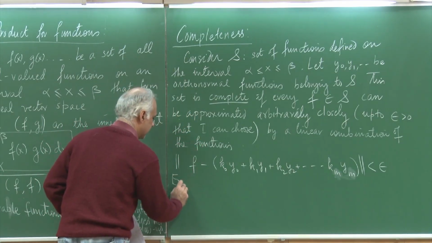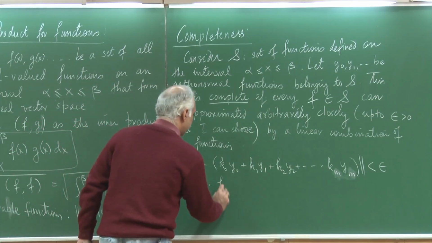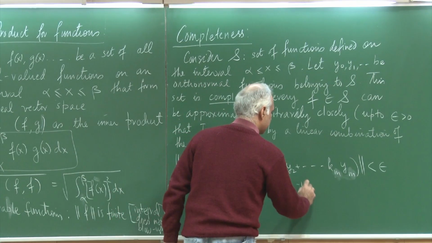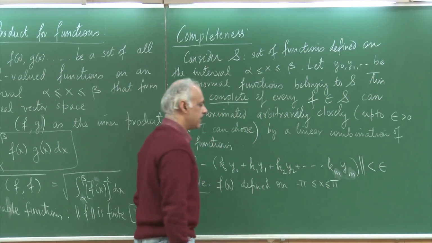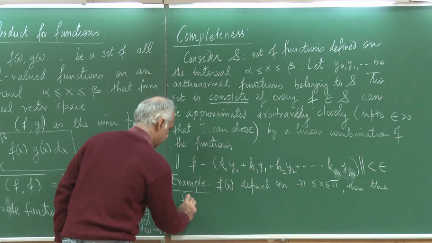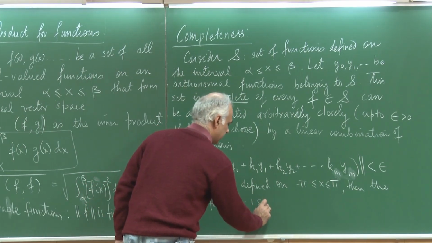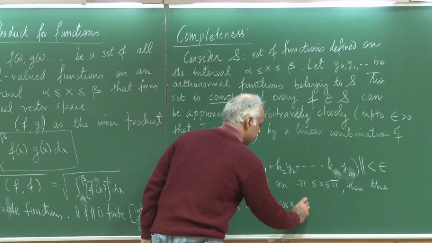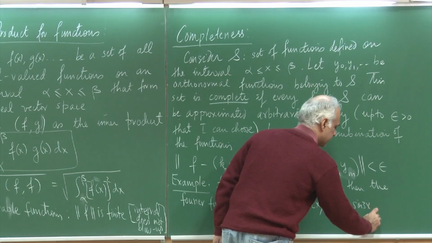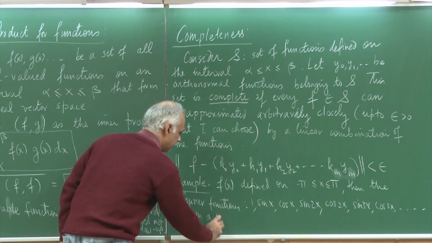So let me give you an example. So if I had a function f of x defined on, let's say, minus pi to plus pi, then the Fourier functions, which are 1, sine of x, cosine of x, sine of 2x, cosine of 2x, sine of 3x, cosine of 3x, and so on, they form a complete set.